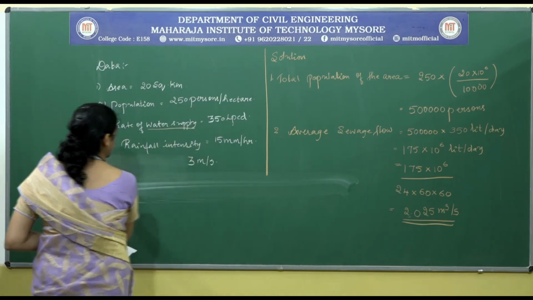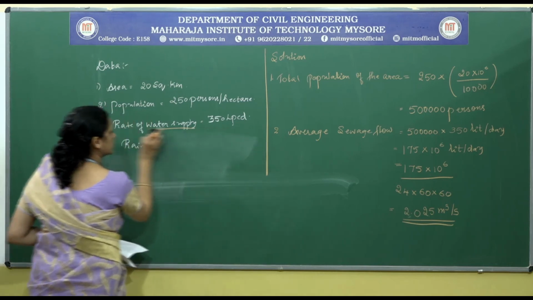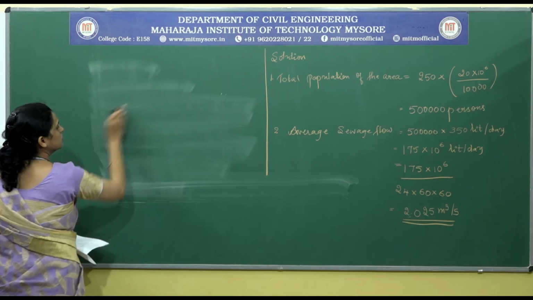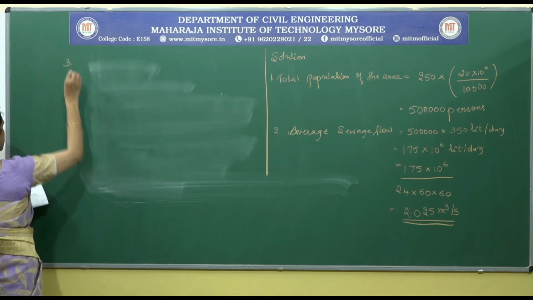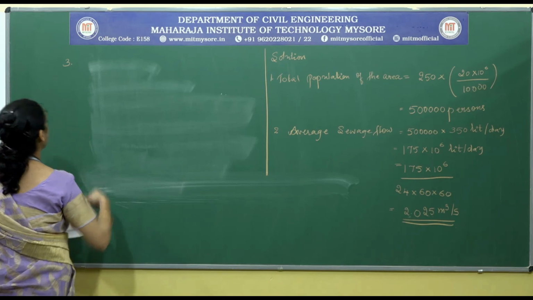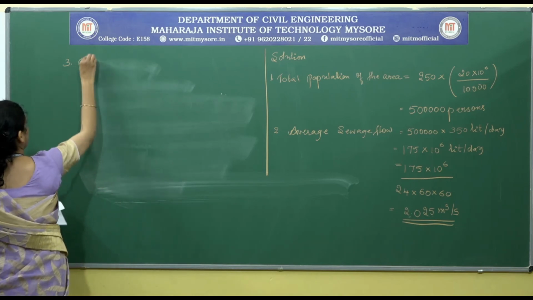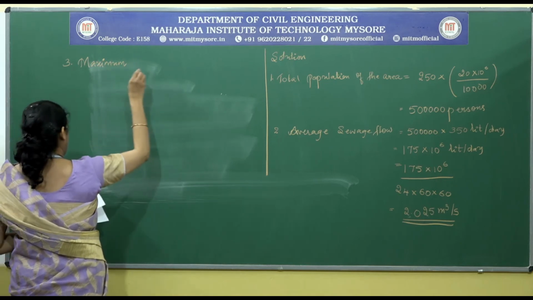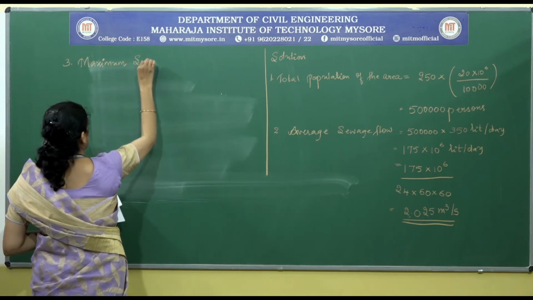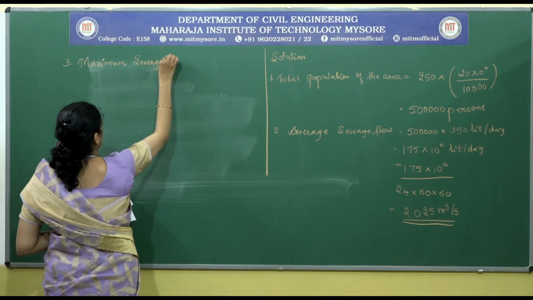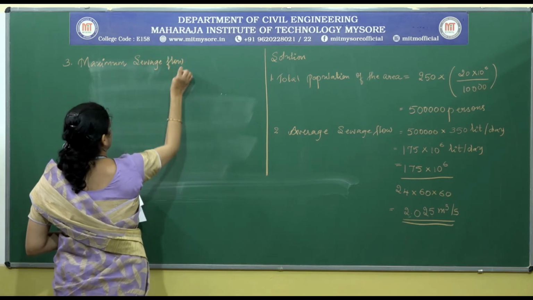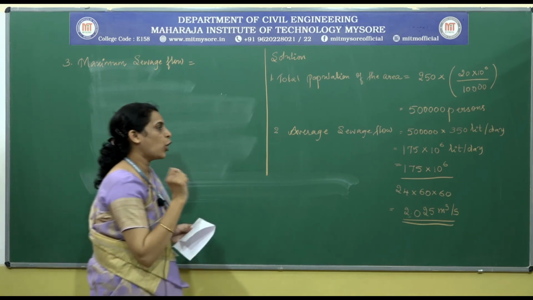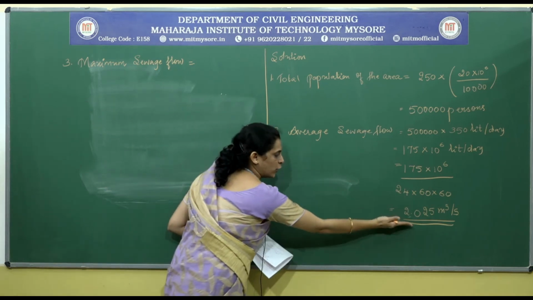So now, maximum sewage flow. So the maximum sewage flow will be 1.5 times the average flow.